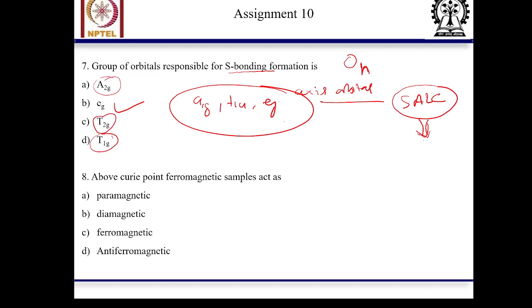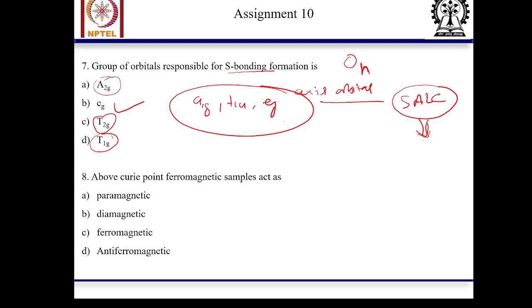If you want, I can read up and give you the answer in the next class, how A2G and T1G will look. I have to go to the symmetry and check how the A2G and T1G orbitals look.